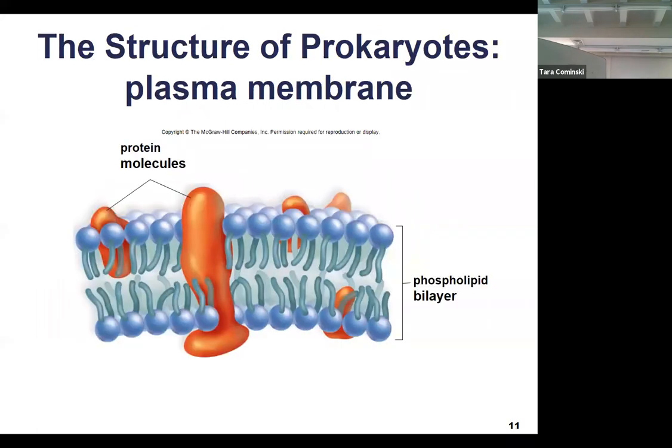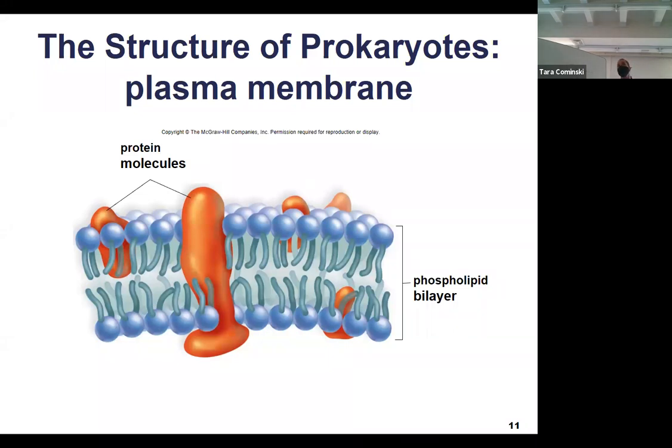All right. So, structure of the prokaryote plasma membrane, do you guys agree that it looks similar to the eukaryotic membrane? In what ways is it similar? Actually, I don't think there's cholesterol in the prokaryotic membrane.